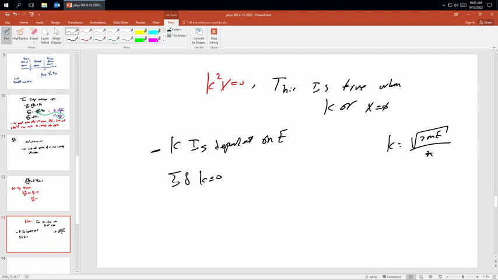If k equals 0, then that means the energy, if you solve for the energy, is going to equal 0, right? Which means there is no particle.